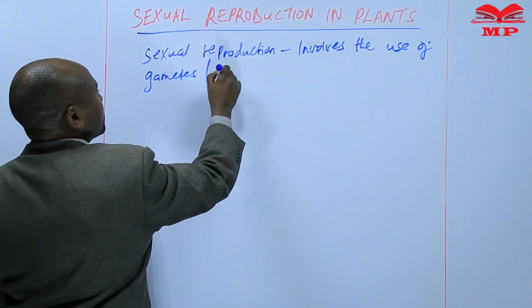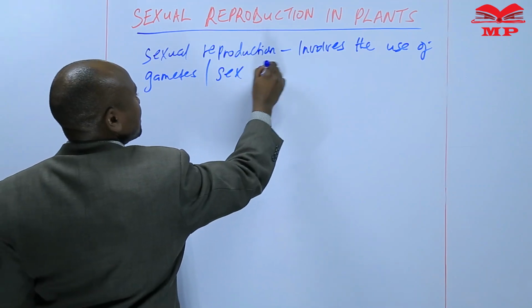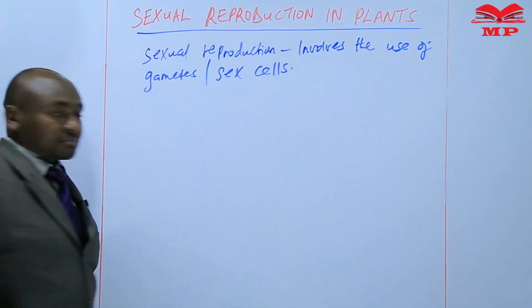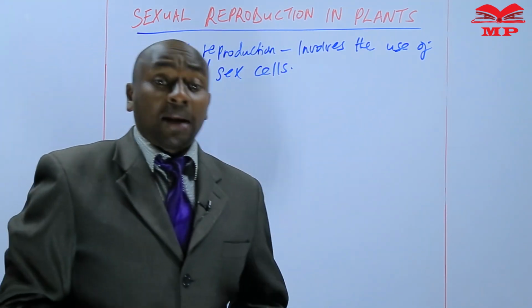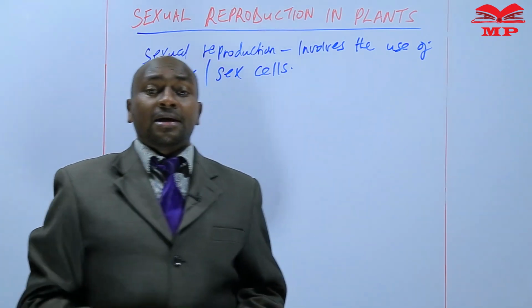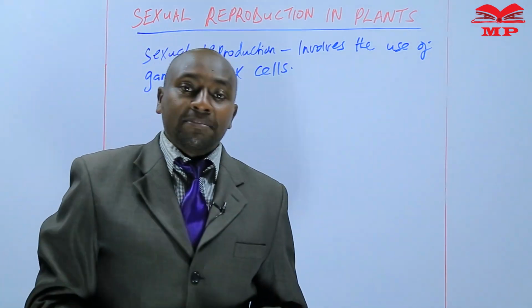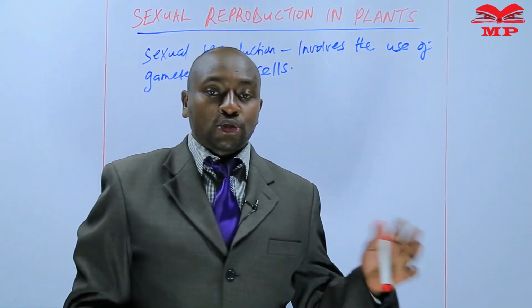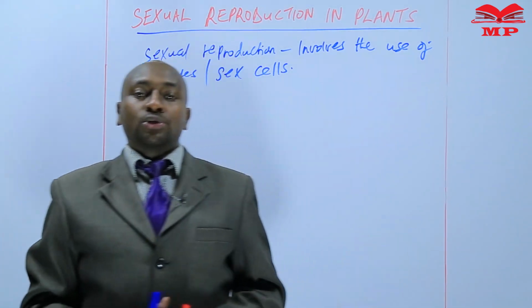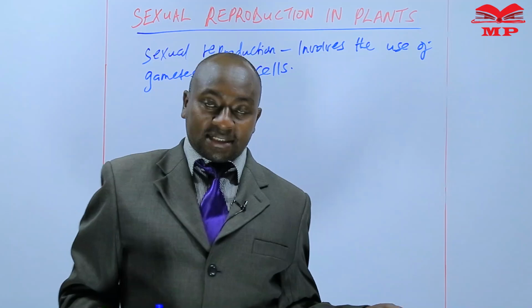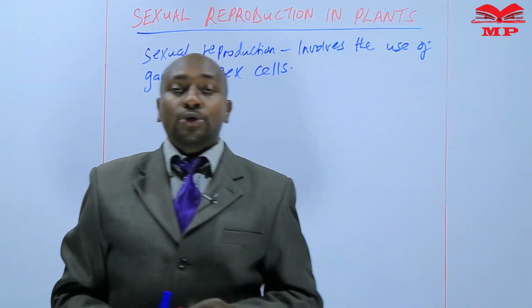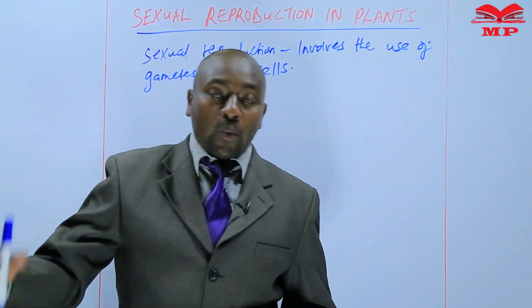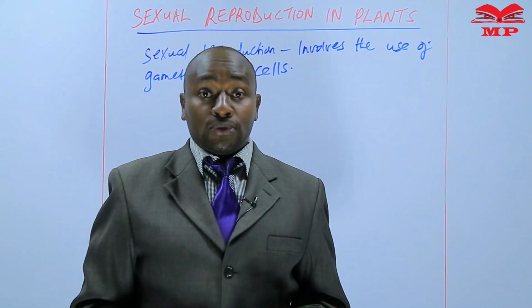And basically we talked about gametes as the sex cells. So in plants we have gametes, both male and female gametes. And as we move on in this topic, we'll be finding out where in the plant the male gametes are produced and also where the female gametes are produced.